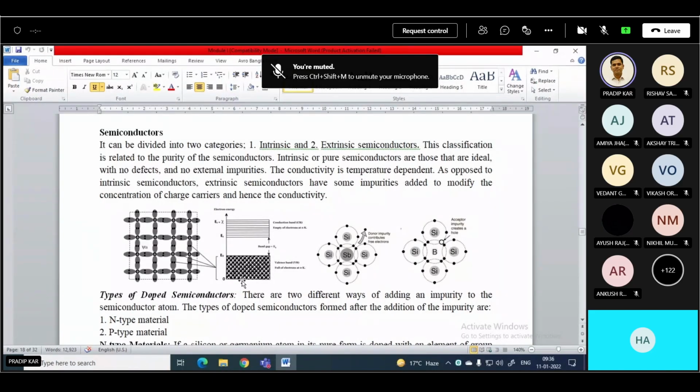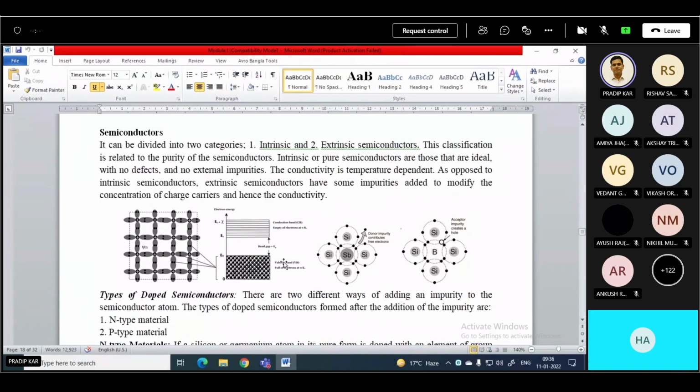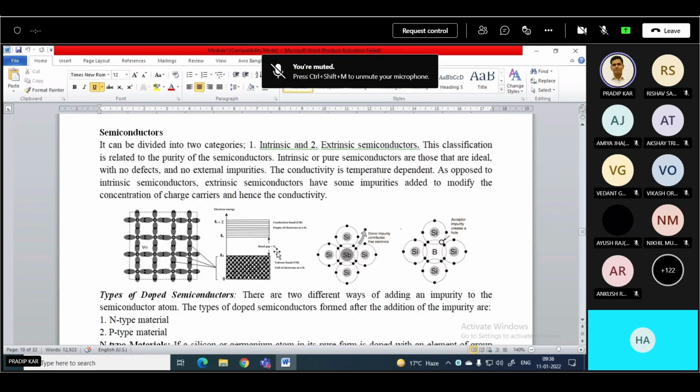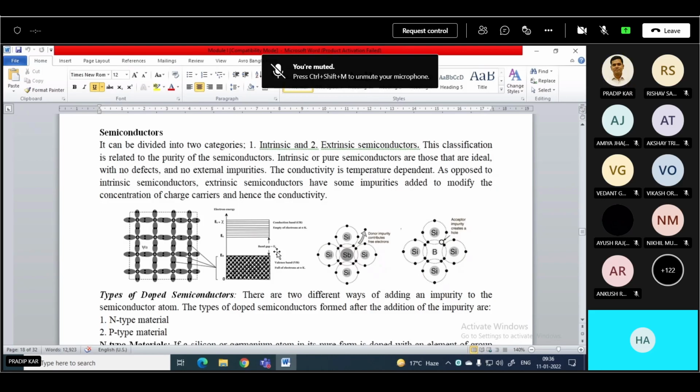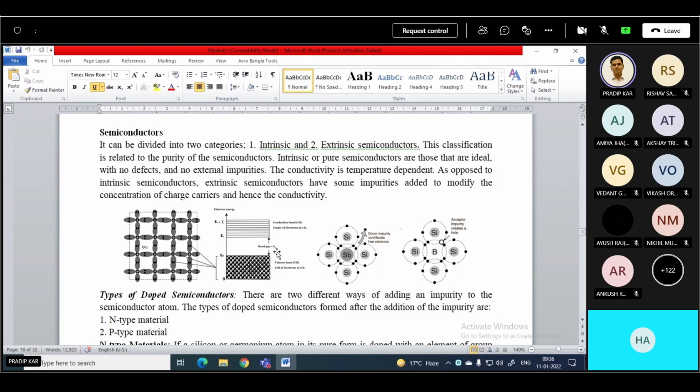So the electron can easily move from the valence band to the conduction band in the case of metal, and that is why those are good conductors, as they are very closely spaced or overlapping. But in the case of semiconductor, the distance is a little higher, and in the case of insulator, the distance is very high.